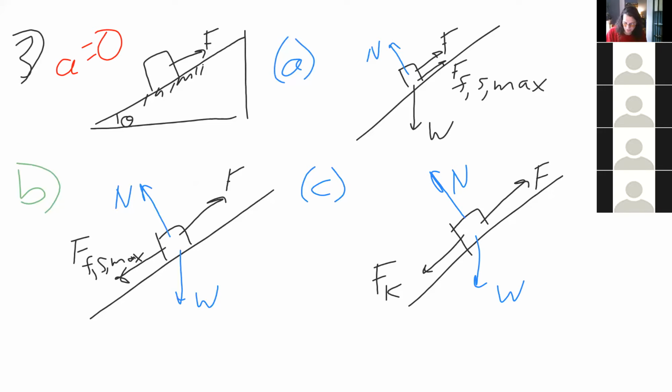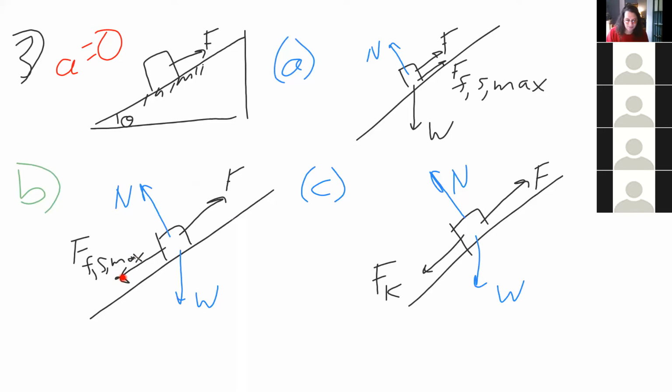Just to recap this part, in this case, we are applying a force and we're pulling until the block is just about to start moving up the incline. Since we're about to move the block up the incline, your static friction will be keeping the block at rest by being directed down the incline.